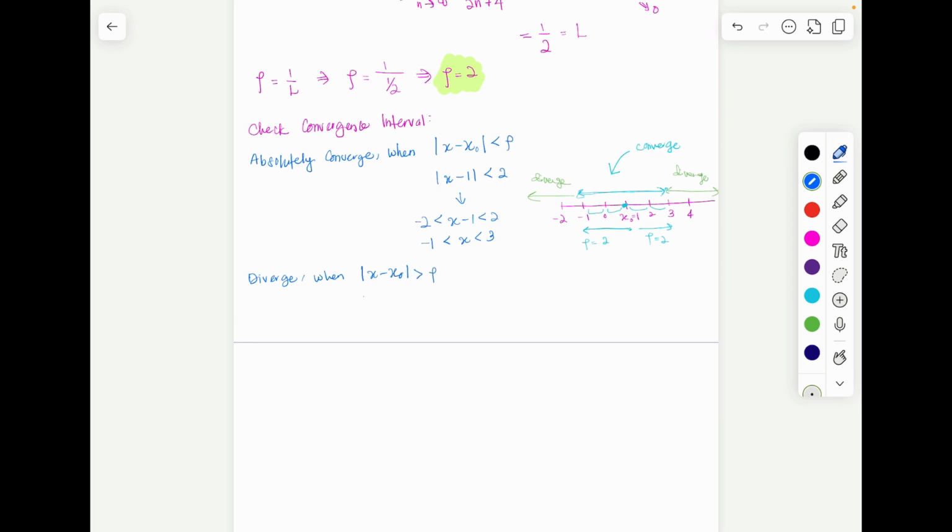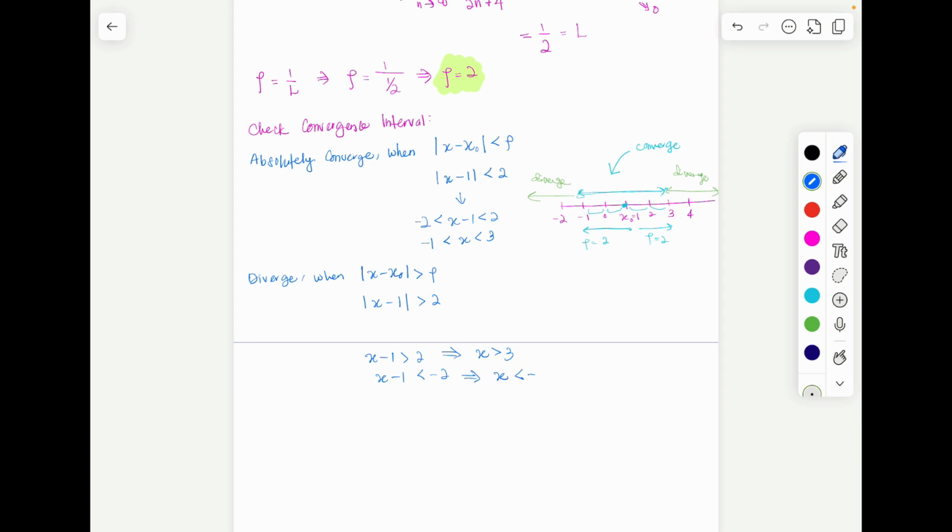So for this power series, |x minus 1| is greater than 2. So you can expand this one. We have x minus 1 greater than 2, and then x minus 1 is lesser than negative 2.